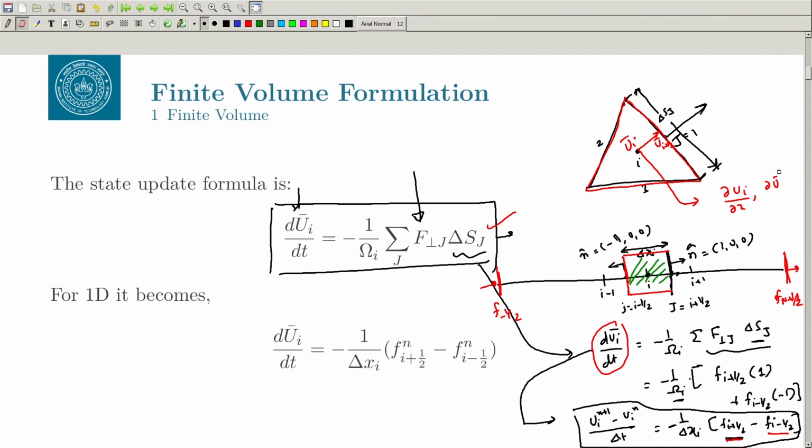So, this is du I by dy, and then if you know the variation you can basically calculate the gradients at the faces. And from that gradient you can calculate the fluxes. In 1D we saw that it is very trivial.